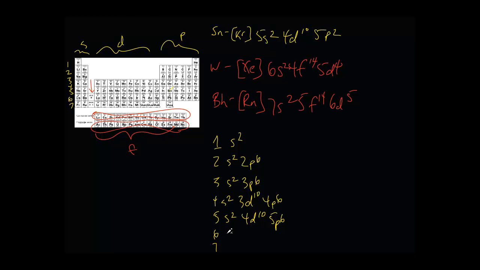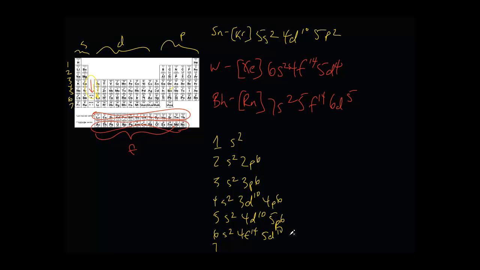In the sixth, it's going to be 6s2. Then it's going to jump to the f's. You can fit 14 of those guys in there. 4f14. Again, we're right here now. 5d10. So then it goes here.